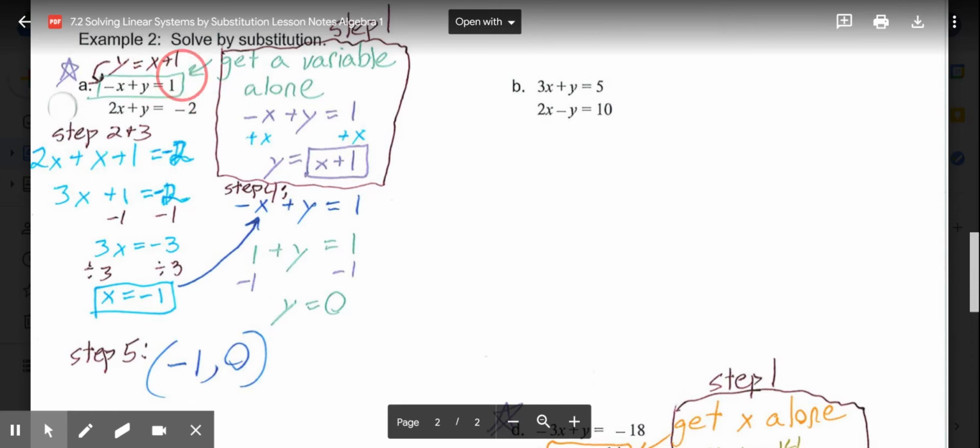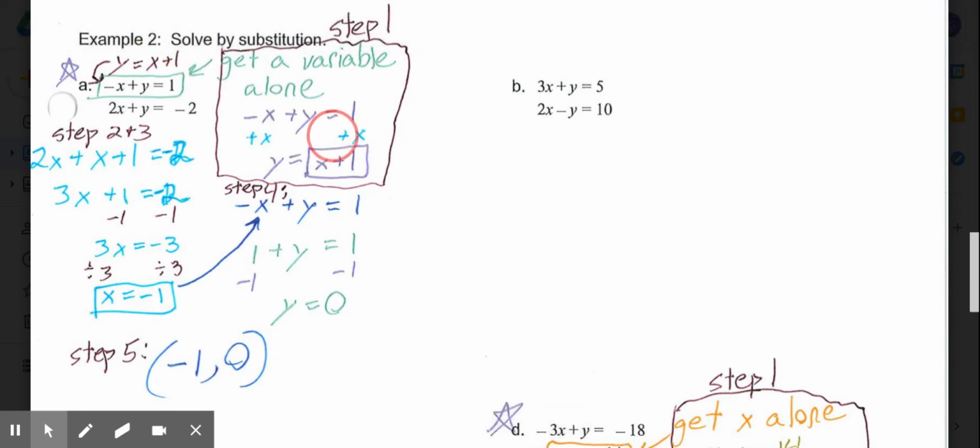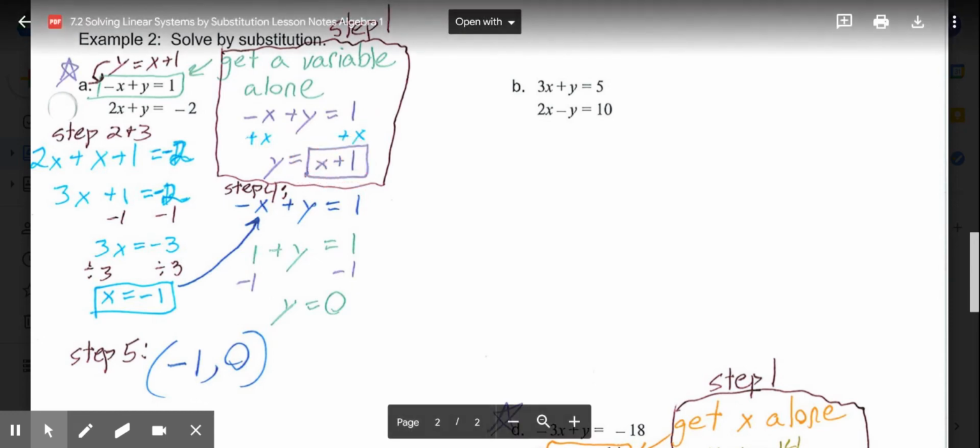I decided to get the top one to have y alone because all I need to do to get y alone is add x to each side. So y would equal x plus 1. So I can get rid of that top equation and think of it as y equals x plus 1. So now I know y is x plus 1, so I'll substitute x plus 1 into this other equation for y.